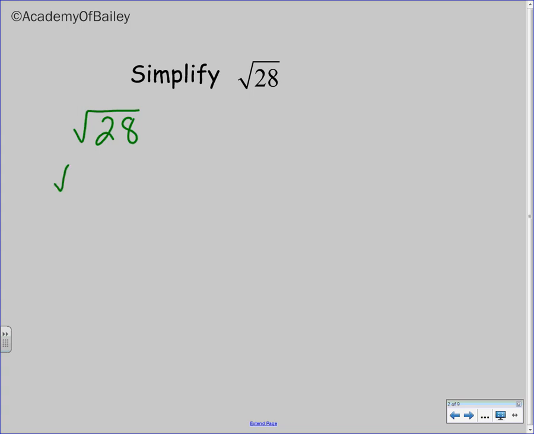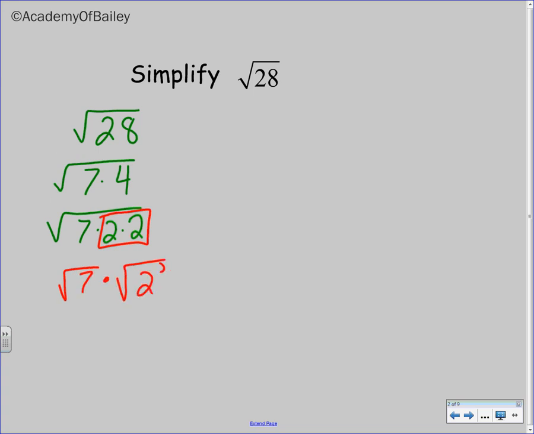Square root of 28 breaks down into square root of 7 times 4, and then square root of 7 times 2 times 2. And therefore, we cannot break 7, 2, or 2 down. If we have those two 2's, isn't that the square root of 7 times the square root of 2 squared?